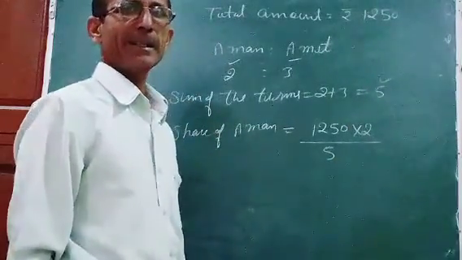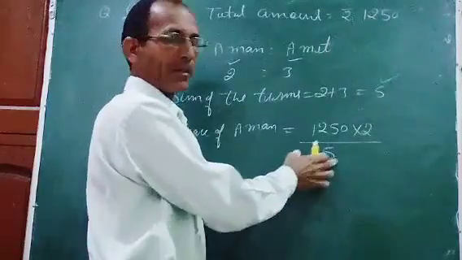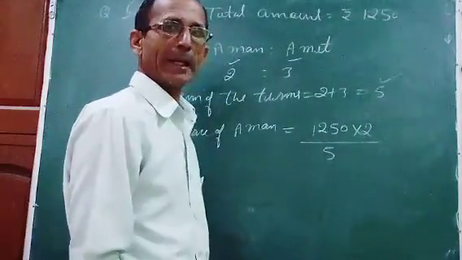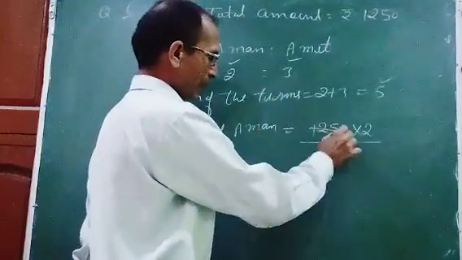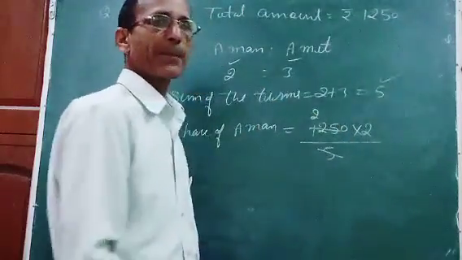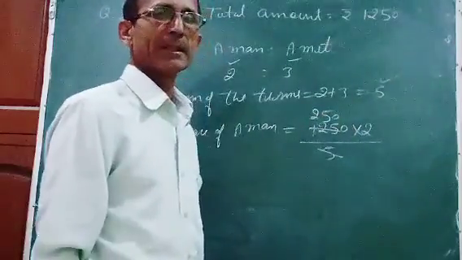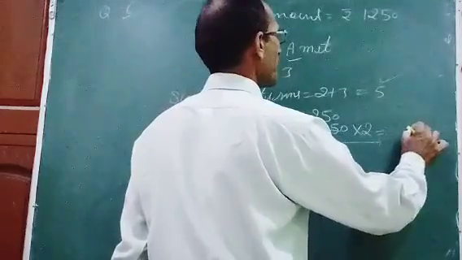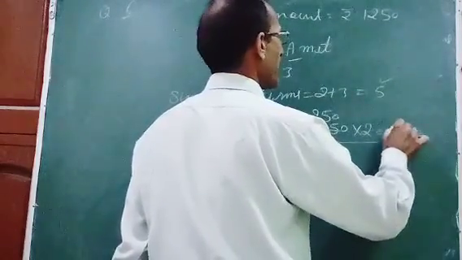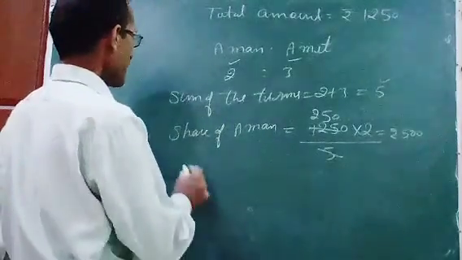Total amount multiplied by the ratio, divided by the sum of the terms. 5 into 1250 is 250. 250 multiplied by 2, so it will be rupees 500.